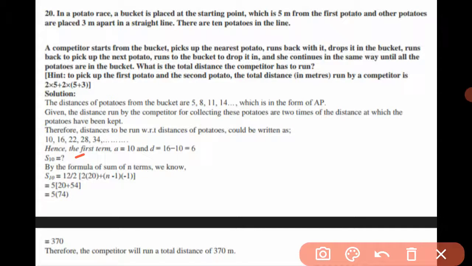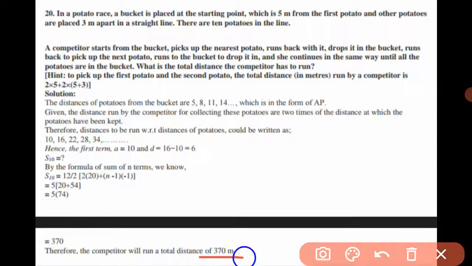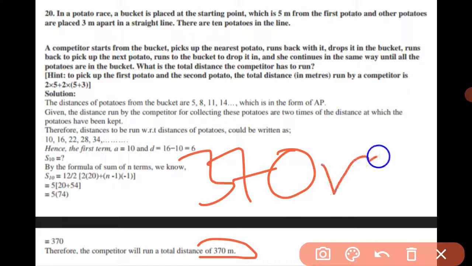Now by the formula, Sn equals n upon 2 into 2a plus (n minus 1) into d, by putting in the values, the value of H10 will be equal to 370. So the competitor will run a total distance of 370 meters. So 370 meters will be the correct answer.